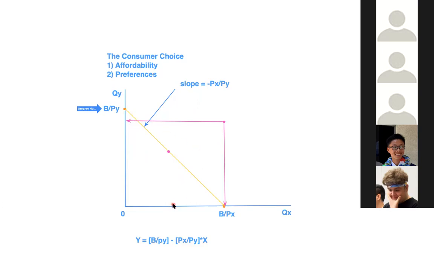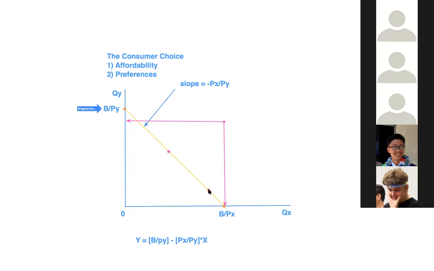So each of the points of the consumption space indicates a bundle of X and Y. Some are affordable and some are not affordable. All the ones that are either on this line or below the line are affordable to the consumer. The difference is that the ones on the line represent consumption bundles that require the consumer to spend all of their budget.